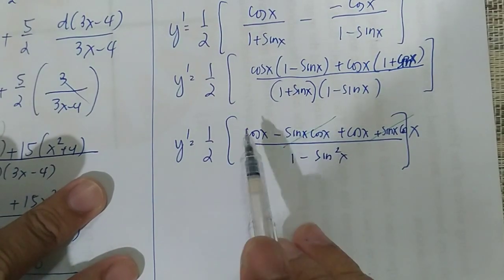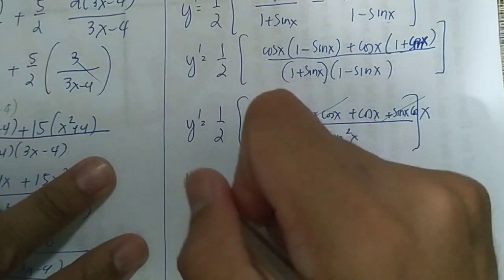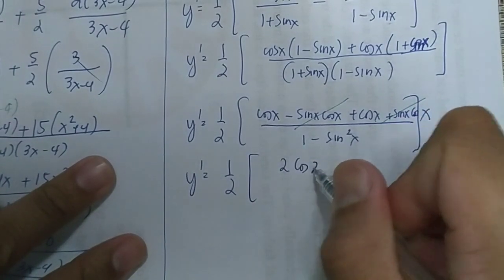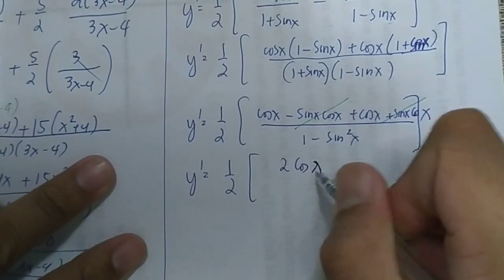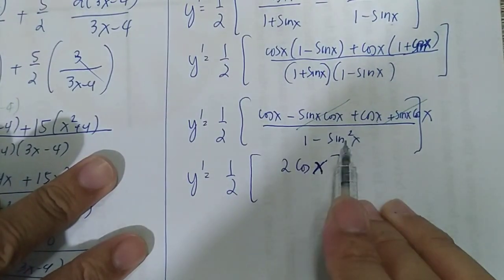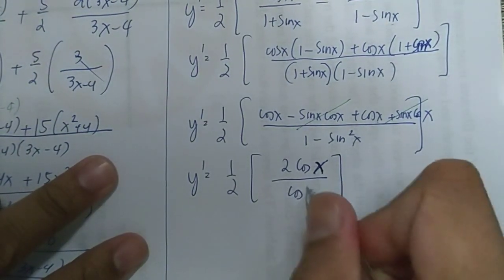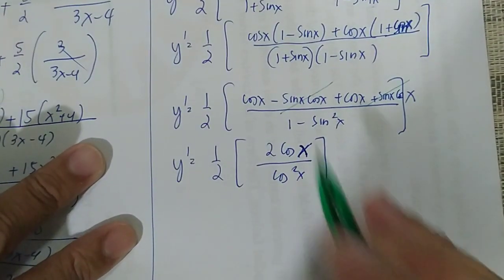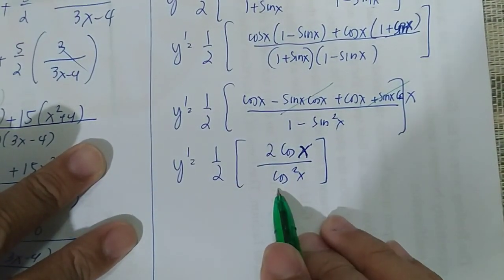So this cosine x plus cosine x is 2 cosine x. So that's 1/2 times the quantity 2 cosine of x over 1 minus sine squared x. That's cosine squared x using the Pythagorean identity. That 1 minus sine squared x is cosine squared x.